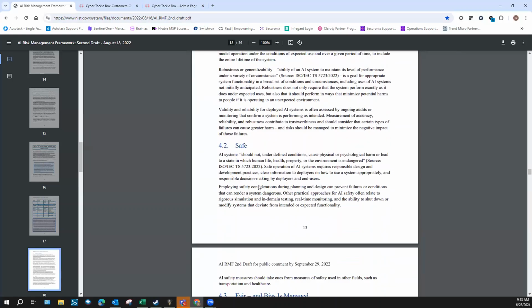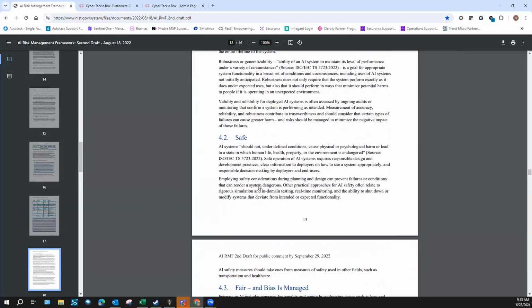And then safety. It's if it's going to create harm. It's really hard to have AI cause harm to humans or cause harm to life, but it could happen in the sense that maybe you have an AI that's capable of manipulating heating and cooling, or air conditioning.